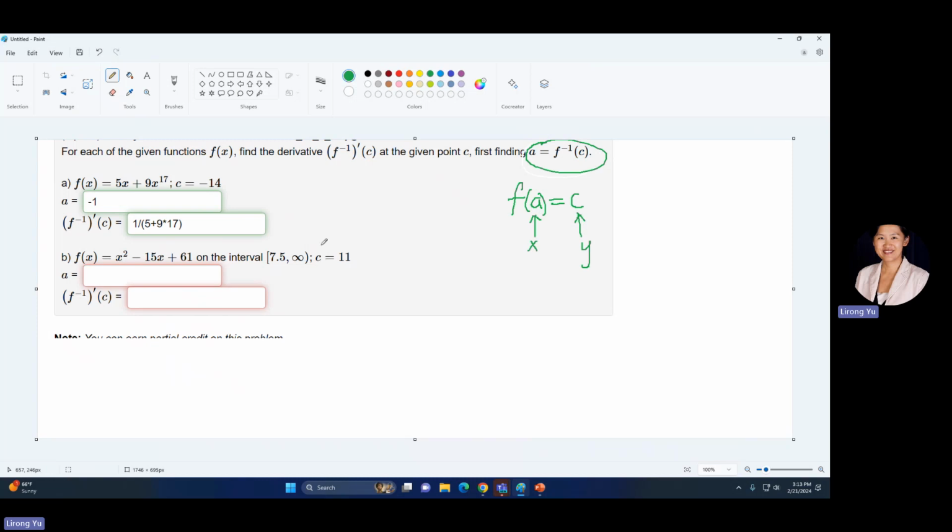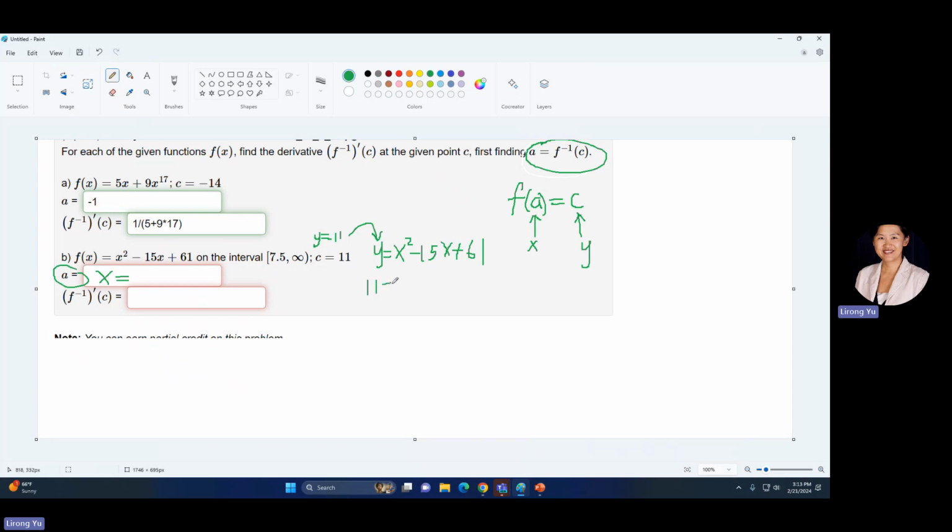So here we have a y value of 11, and the y value is equal to x squared minus 15x plus 61. To solve this, we make it equal to 11. y has to be 11. We have to find the x, the a, which really is the x. We're solving for the x.